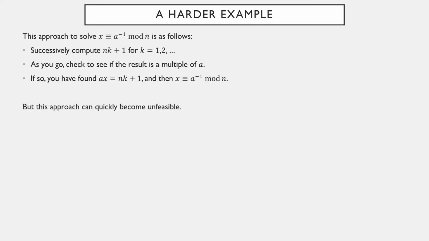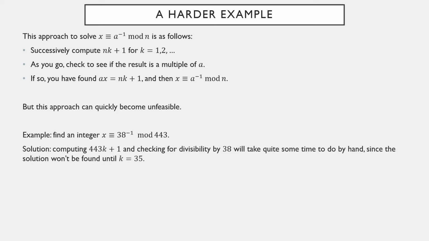This approach is fine for small numbers, but it can become pretty unfeasible. So for example, if I want to find something equivalent to 38 inverse modulo 443, we'd be computing multiples of 443 and adding 1, and then checking if they're divisible by 38. It's not impossible, it's just pretty impractical, especially since the solution will actually be the 35th multiple that we find.